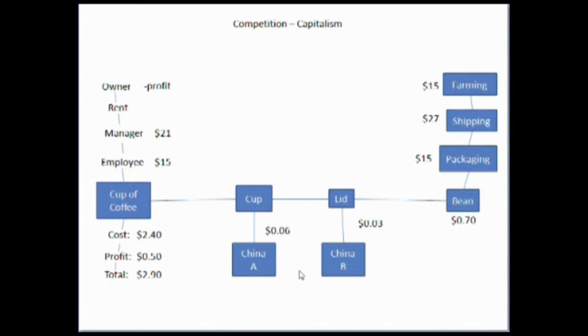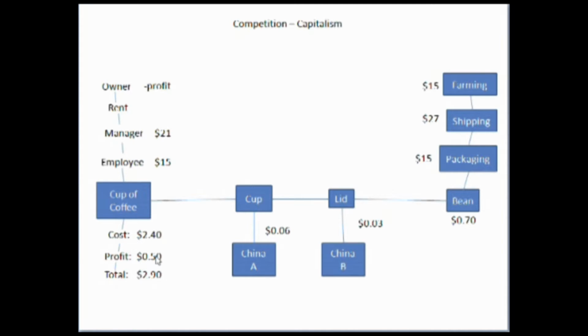Another thing that happens is that he's charging $2.90, which is a 50-cent markup on the original cost. Another coffee company sets up shop right next to him and says, well, I don't need the 50 cents.